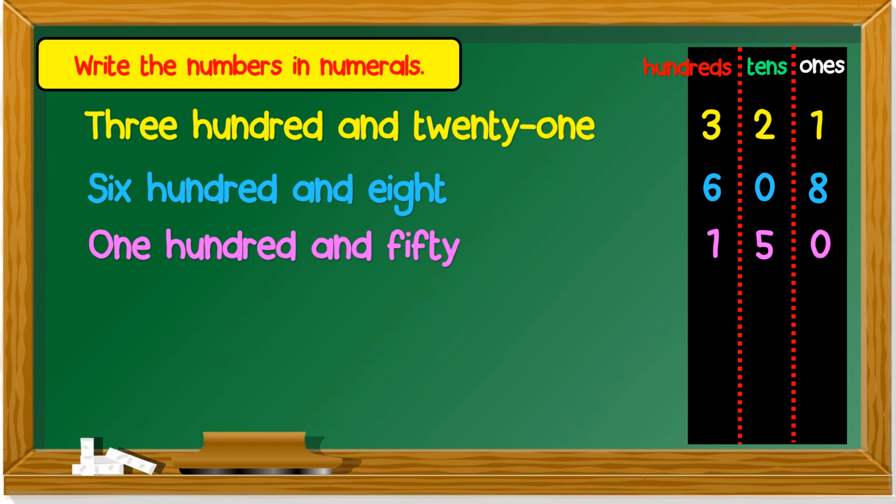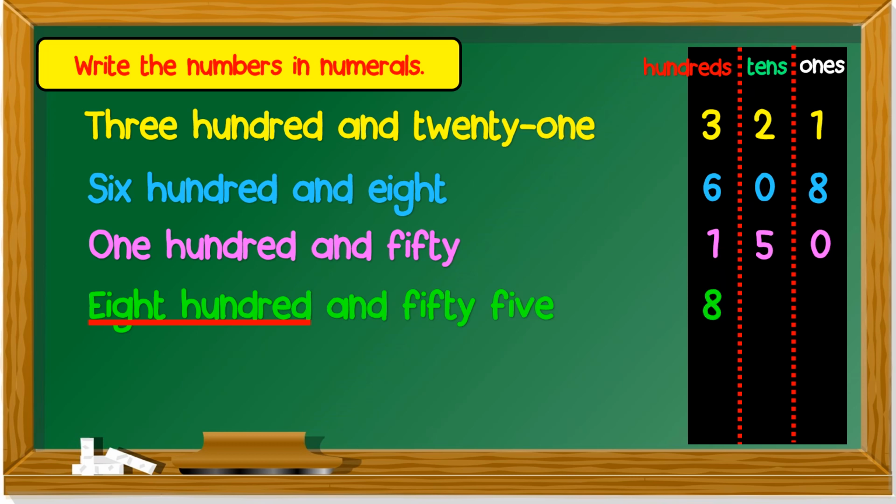Next example, 855. Hundreds, we have 8. So we write 8 in the hundreds column. How about tens? Find the TY.